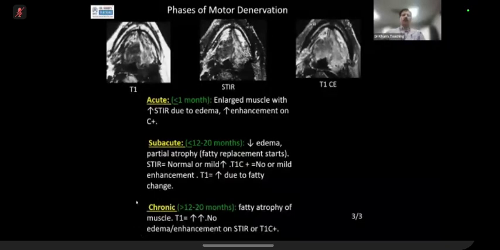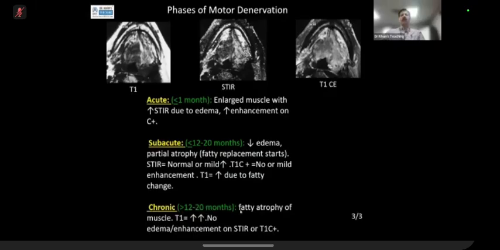Now, this is the concept. You can divide the effects of denervation into acute, subacute, and chronic stages. The definition of acute is less than 1 month. Subacute is, should I say, less than 12 to 20 months. And chronic is more than 20 months.